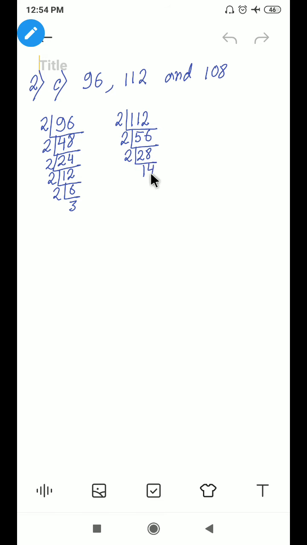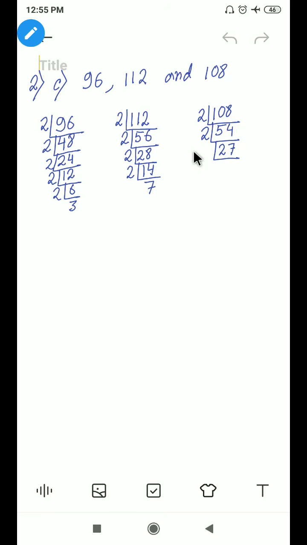Again 2 is a divisor of 14, so there will be 7. Now take 108. 2 is a divisor of 108 also because it is an even number, so 54. Again this number is divisible by 2, giving 27. Now this number cannot be divided by 2 because it is an odd number.